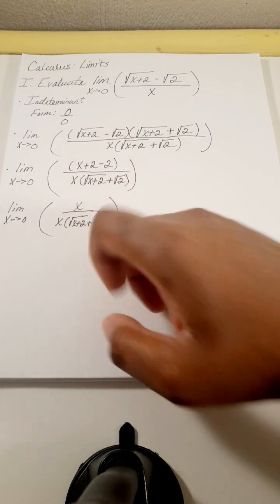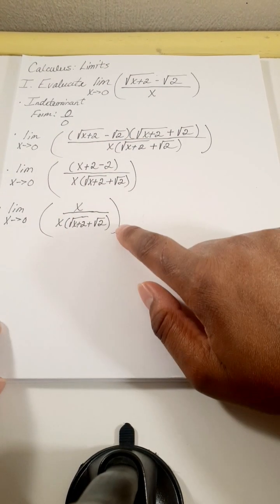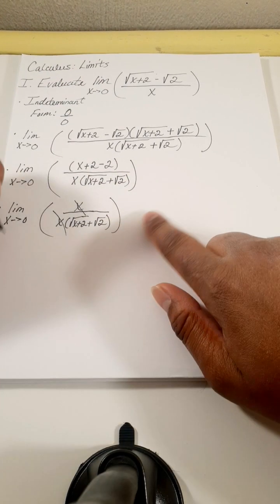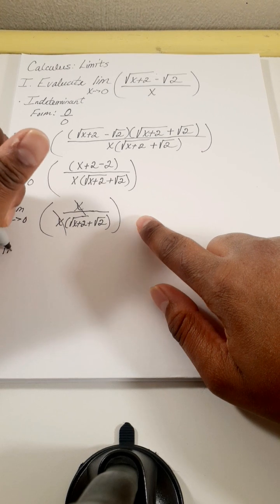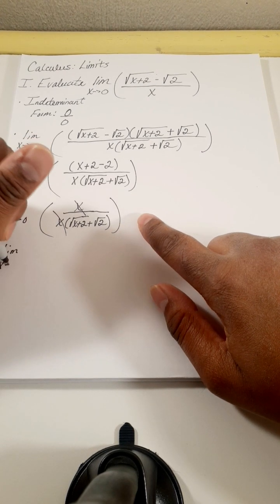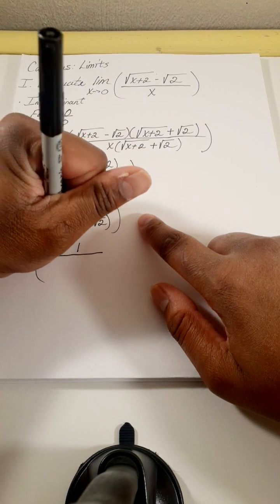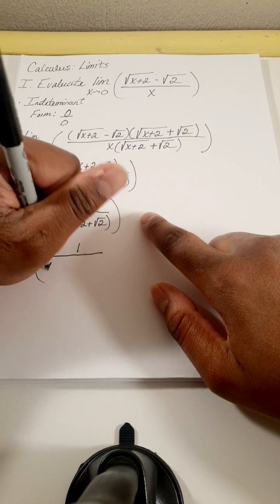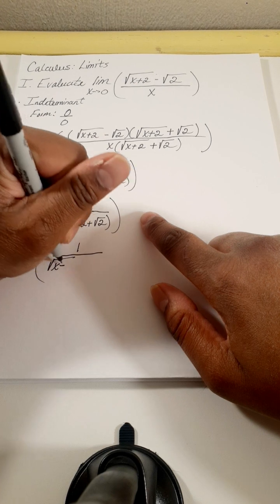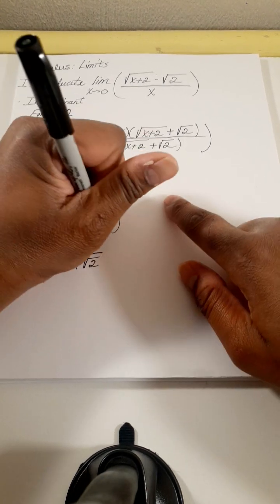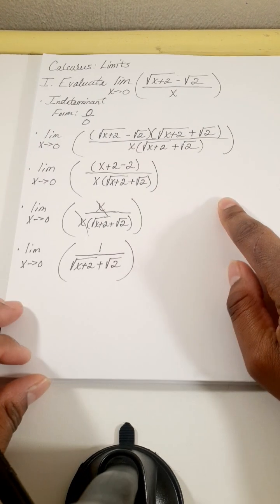Hopefully you see here that the x's will effectively just cancel out. So now you have the limit as x goes to 0 of 1 on top, over the square root of x plus 2 plus the square root of 2. And now we got our limit.